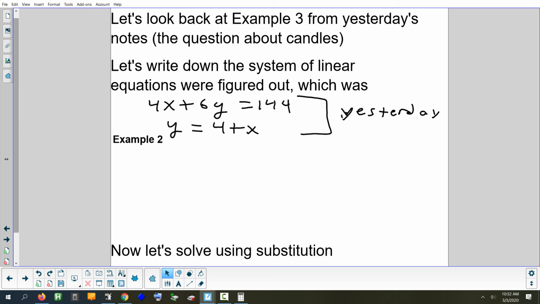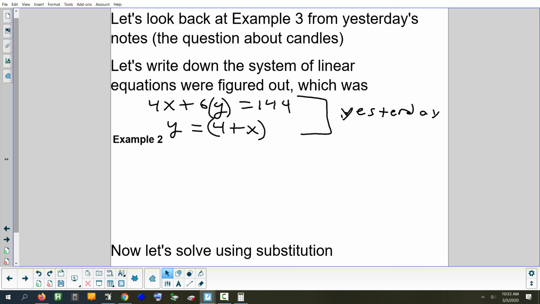Yes, put parentheses around the stuff that's with the single variable. So here's the single variable. Put parentheses around the stuff on the other side. Now, where else do we put parentheses? Yep, around the y where the 6 is on the top.